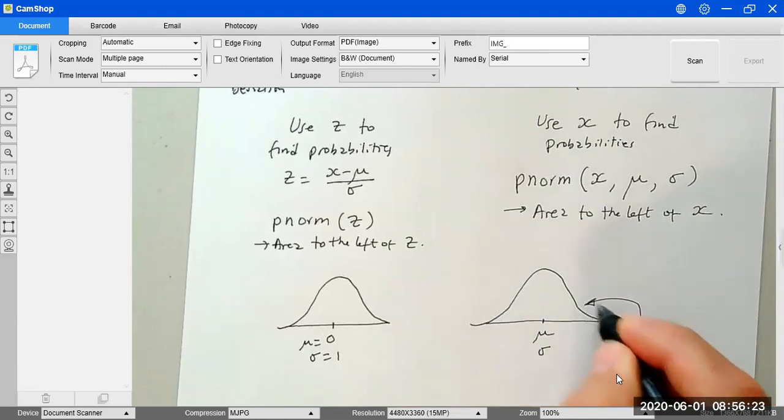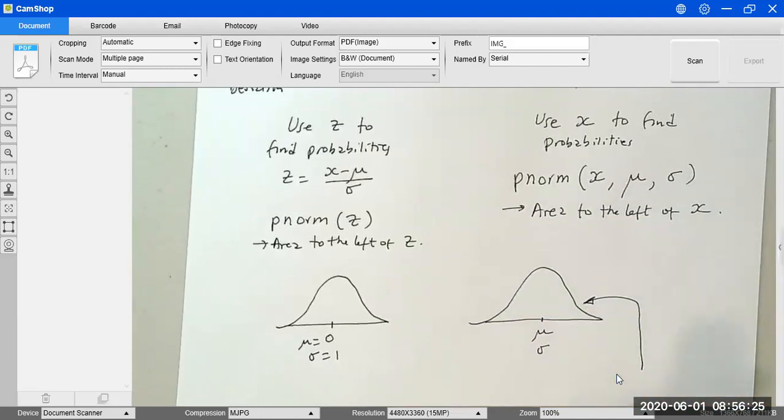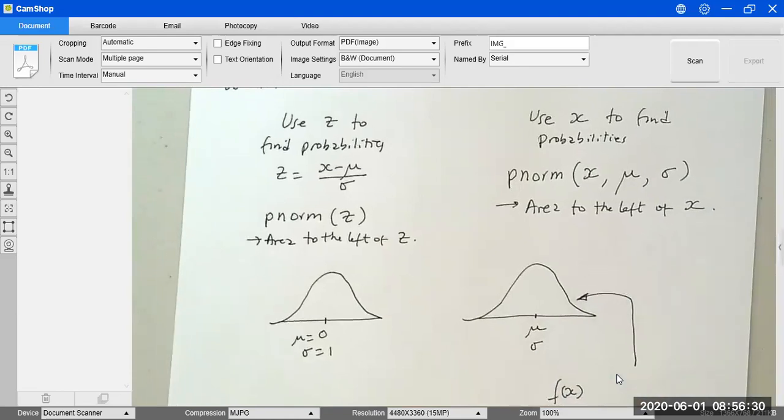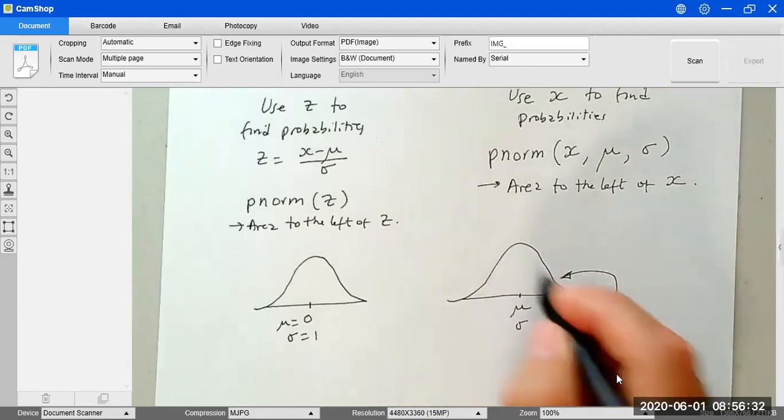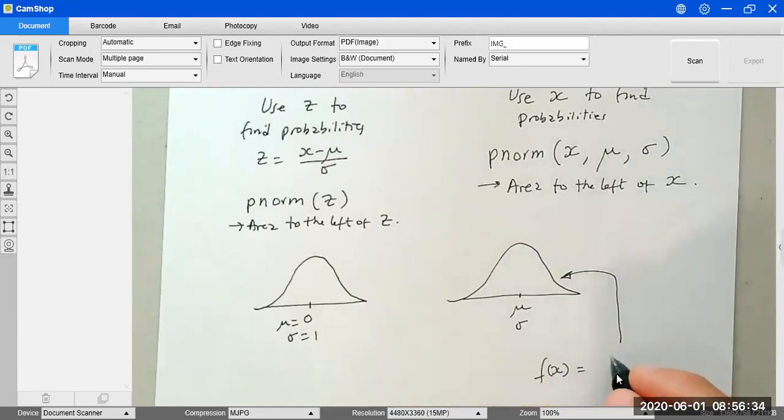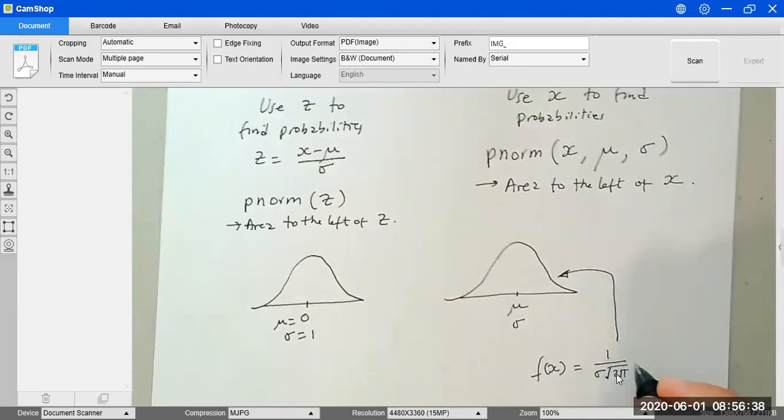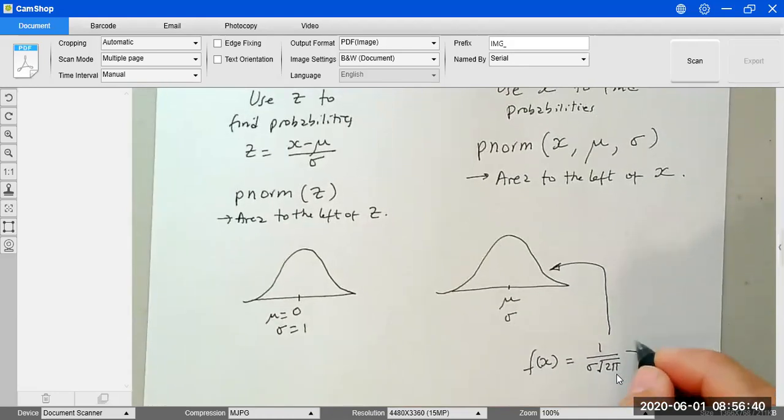If you look at more advanced books on statistics, you're going to find that the equation for this curve is f of x equals 1 over sigma times the square root of 2 pi, times e to the negative 1/2 times the quantity x minus mu over sigma, squared.